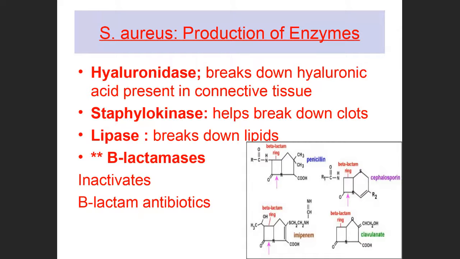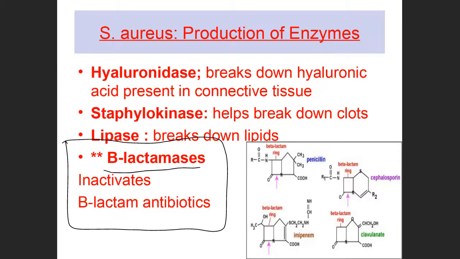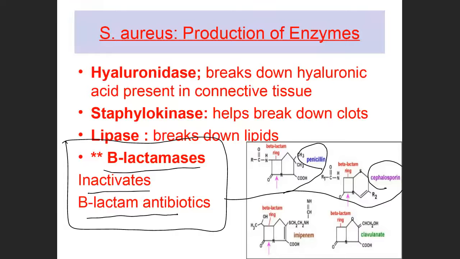This one is another incredibly important enzyme that some Staphylococcus aureus may have. These are called beta-lactamases. And beta-lactamases are enzymes that inactivate a class of antibiotics called beta-lactam antibiotics. Examples of beta-lactam antibiotics: penicillins, cephalosporins, imipenems, clavulanate, which are very important groups of antibiotics.